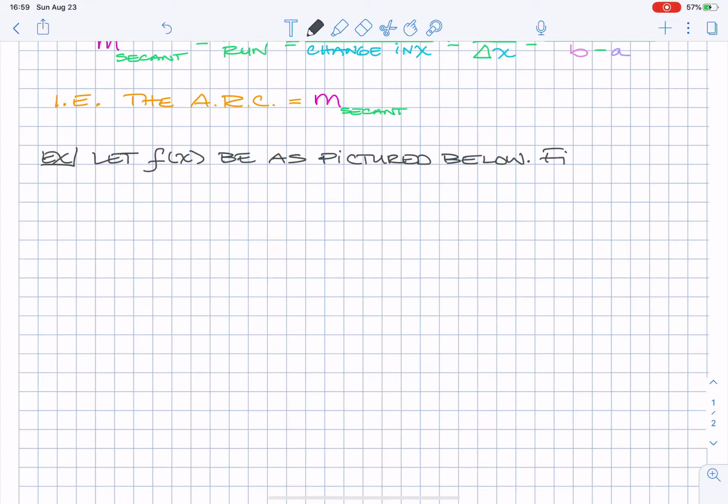Let's find the average rate of change, the ARC, for f of x over the intervals, let's do from -2 to 1 and from -1 to 1.